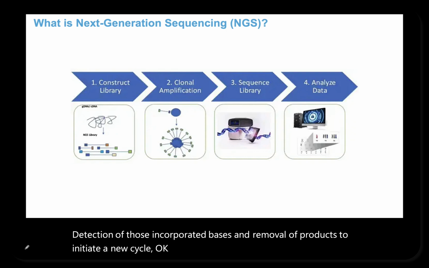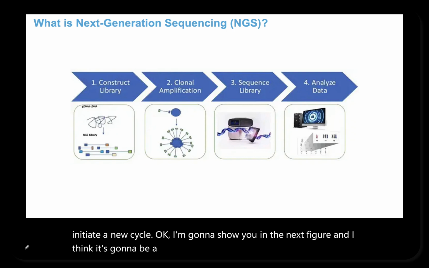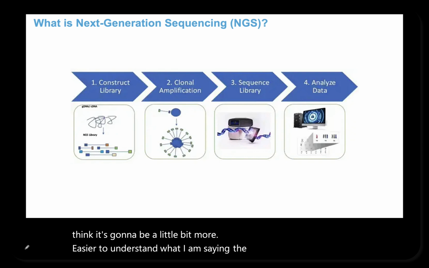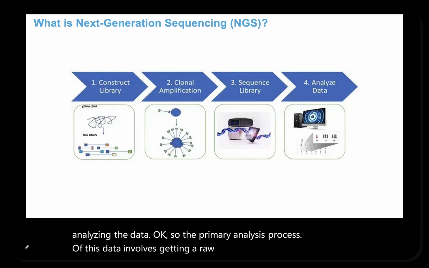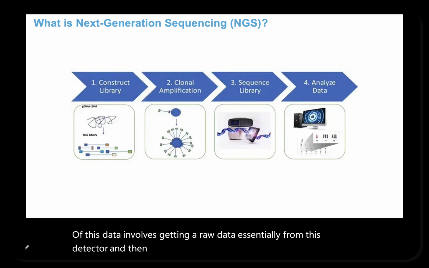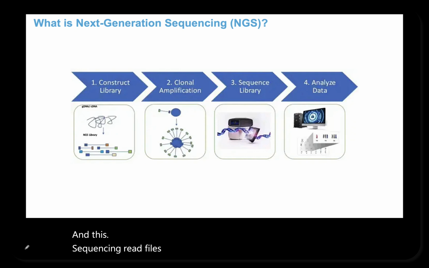Okay, I'm gonna show you in the next figure, and I think it's gonna be a little bit easier to understand what I am saying. The next step is actually analyzing the data. Okay, so the primary analysis process of this data involves getting raw data essentially from this detector, and then we transform this raw data into sequencing read files essentially that we call FASTQ files.